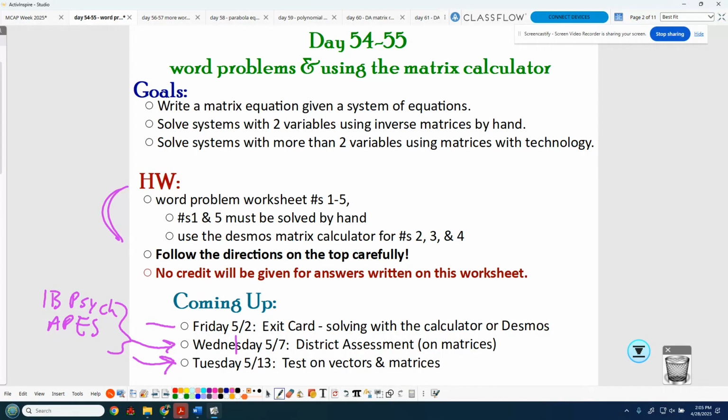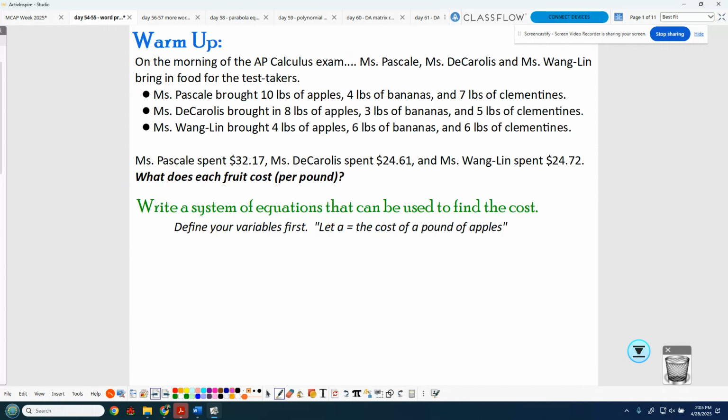AP Lit. The APES exam is on the 13th, not the 7th. Okay. All right. So if you guys have a conflict with that, we'll have to chat about it.